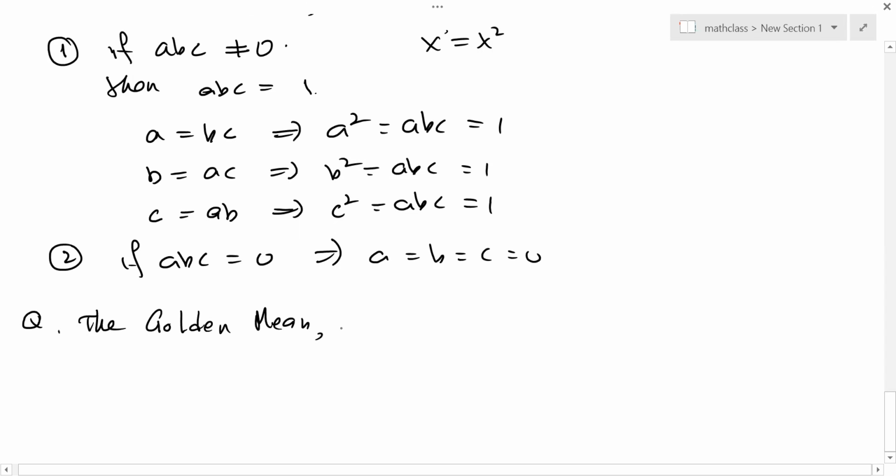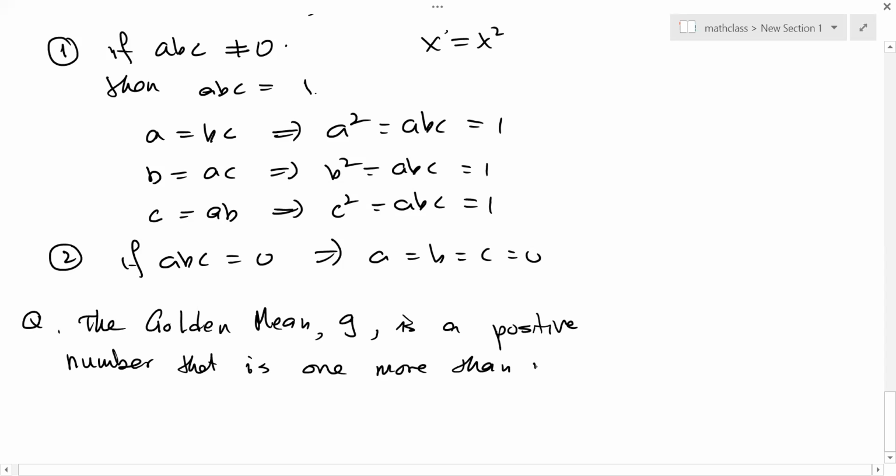The golden mean is denoted by G, a positive number that is 1 more than its reciprocal. Let's find the value of G.